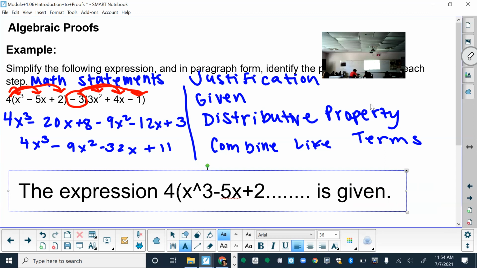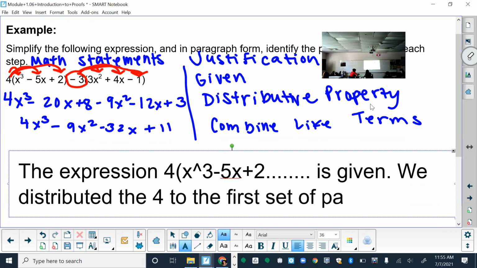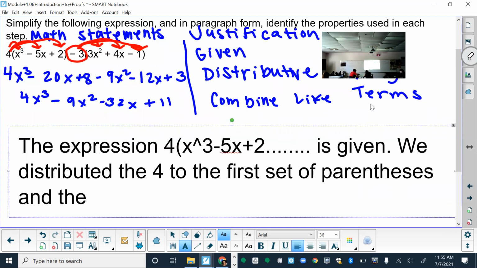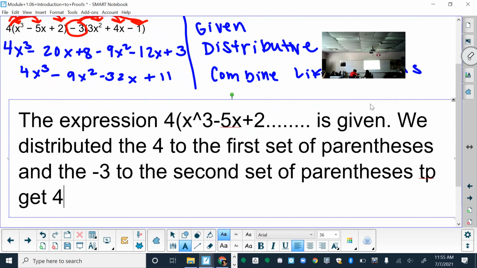Then I would say we use the distributive property, or we distributed the 4 to the first set of parentheses and the -3 to the second set of parentheses, to get 4x cubed minus 20x plus 8 and so on, right?